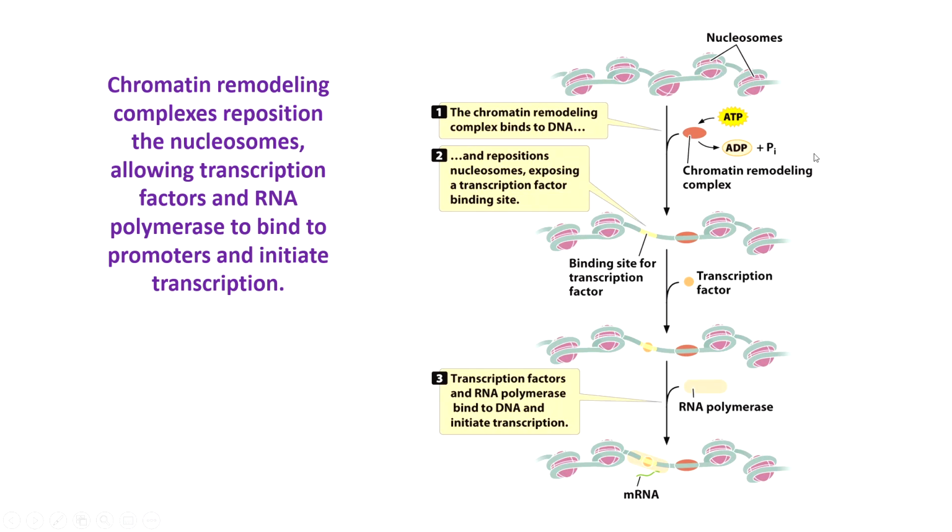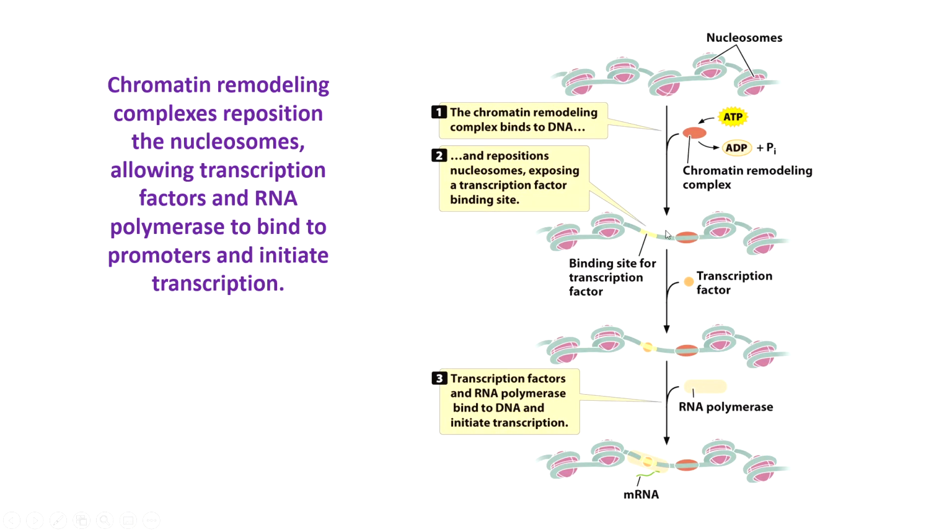In order to express genes wrapped around this histone protein, you need to expose the promoter. So the first thing that happens is the chromatin remodeling complex, which is a complex of proteins and ATP, will bind to a DNA target and push the nucleosomes around to expose, or completely unwrap, one histone protein from the DNA.